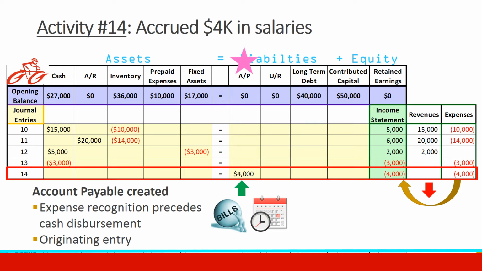And you'll see I have the icon both for bills and for a little time chart, meaning an accrued expense, both of them listed here. That is because sometimes salaries end up getting recorded as a salaries payable and being included in accounts payable. And sometimes when salaries are recorded, they're stuck into a separate account called accrued expenses. They're really very similar.